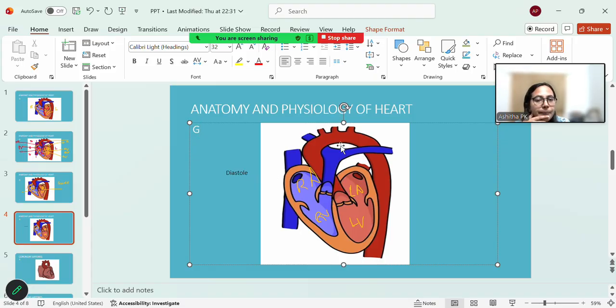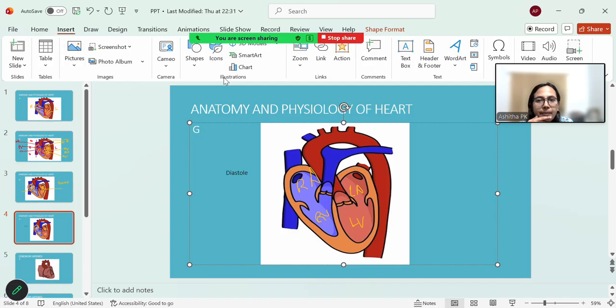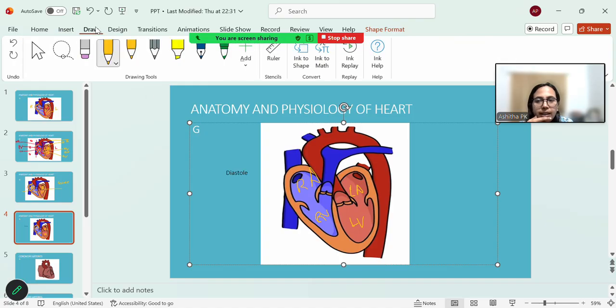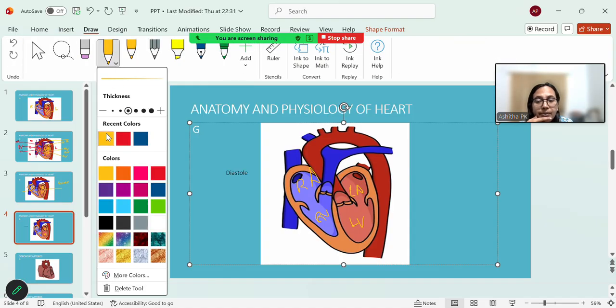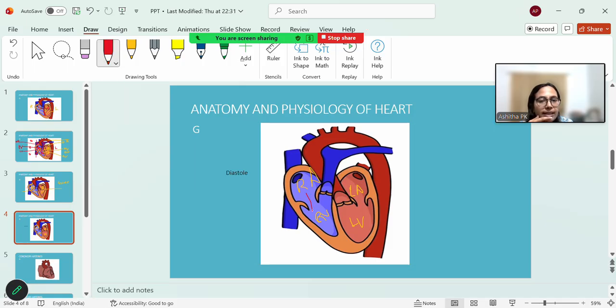At that time, it is the resting period of the ventricle. Both the tricuspid and bicuspid valves will be open, in order to facilitate the flow of the blood, and these two valves, the aortic valve and pulmonary valve, will be closed, in order to prevent the backflow of blood from the aorta and pulmonary artery.